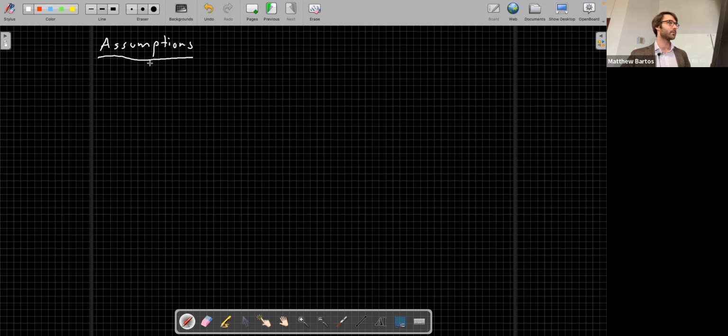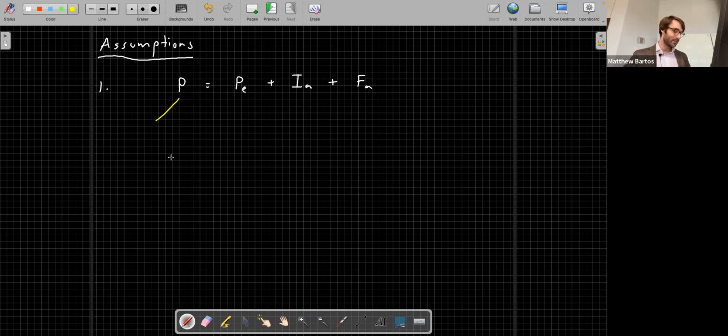Okay. So assumption number one, we're going to assume that the total rainfall P is equal to the sum of those three components. So the total rainfall P is equal to the excess precipitation plus the initial abstractions plus the retention abstractions, or infiltration. That's not a bad assumption.